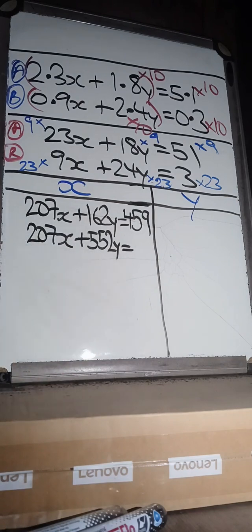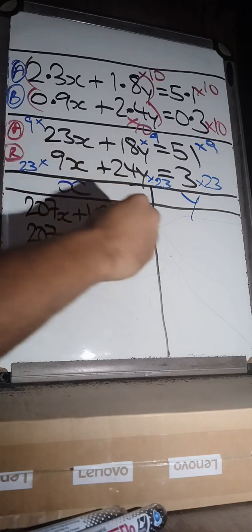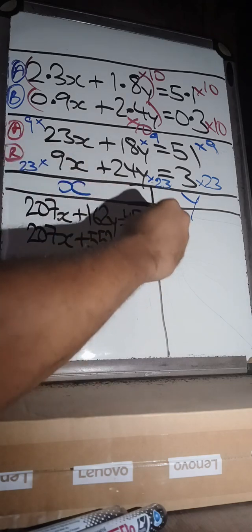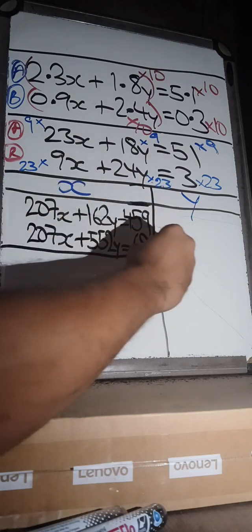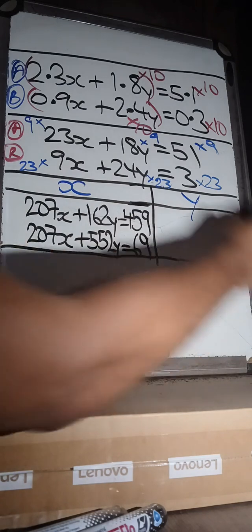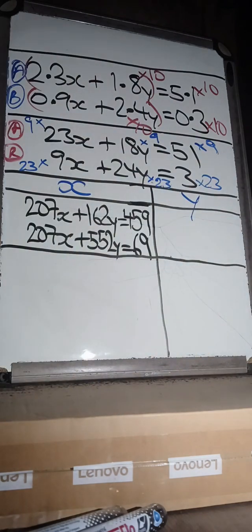And then now we have 23 times 3, which is 69. Okay, now here's what we're going to do.